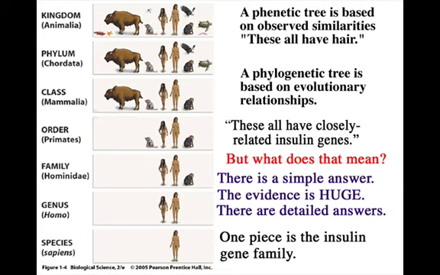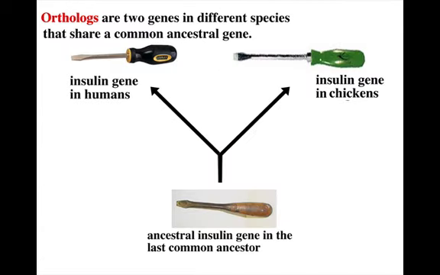But in every case, it's important to remember that there's a BLAST search that showed a similar sequence between genes, and then they're followed up by functional analyses showing that the gene products do comparable jobs in the two different species. So orthologs are two different genes that share a common ancestor, and that's the take-home message from this. We'll use that term a lot in this course and that concept a lot.